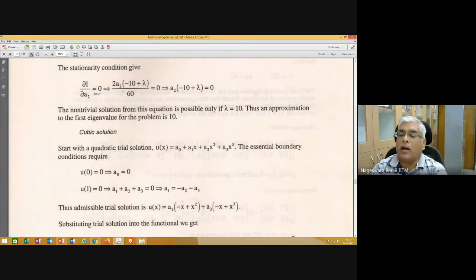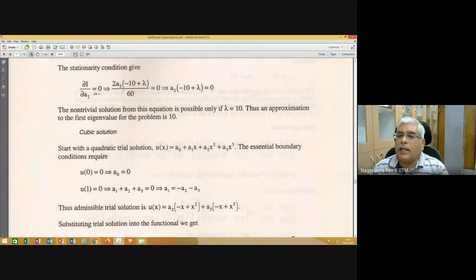What is meant by non-trivial solution? A2 multiplied by some quantity inside the bracket is equal to 0. Either the quantity inside the bracket should be 0 or A2 should be 0.